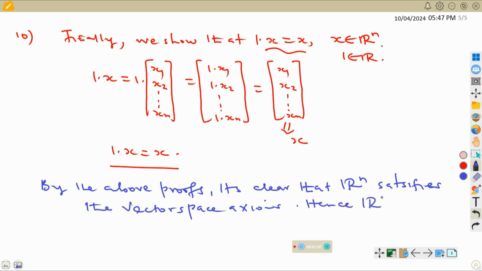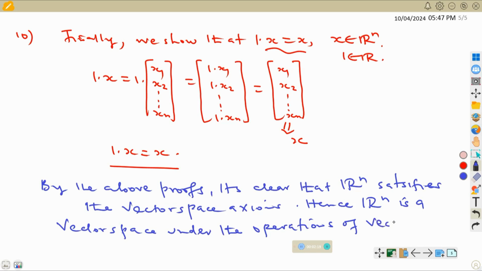Hence, R to the power n is a vector space. So this will be the proof.